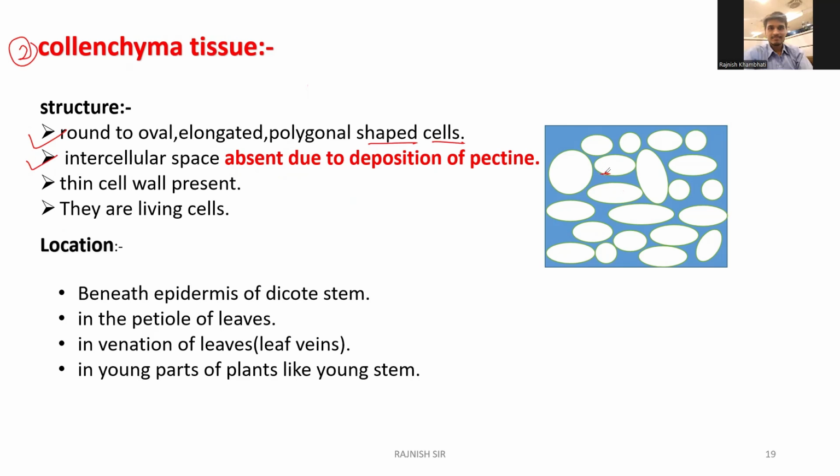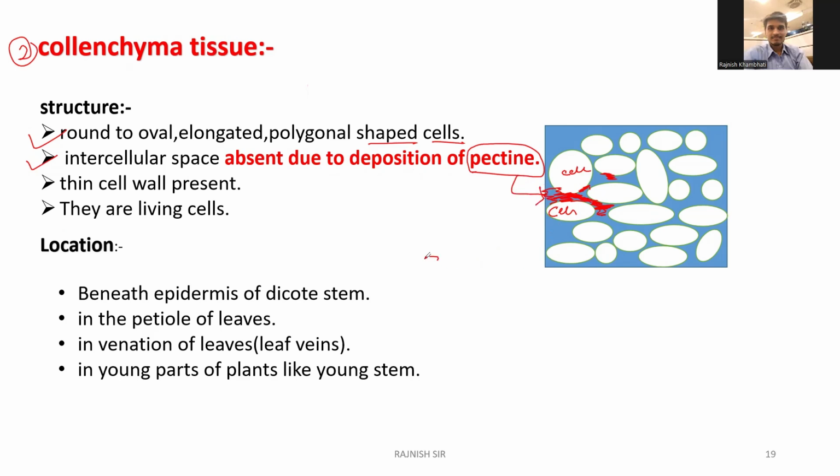You can see this blue color structure between two white cells. This is a cell, this is a cell, and between two cells this is the gap. But this gap is filled by some material, and that is why the gap, which is known as intercellular space, is absent. The intercellular space is absent due to depositions of pectin.